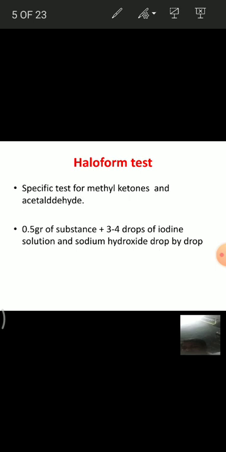Then a yellow precipitate of iodoform results. This shows the presence of acetaldehyde or methyl ketone. That means, to the substance adding iodine followed by sodium hydroxide, and just warming the solution, a yellow precipitate is formed.